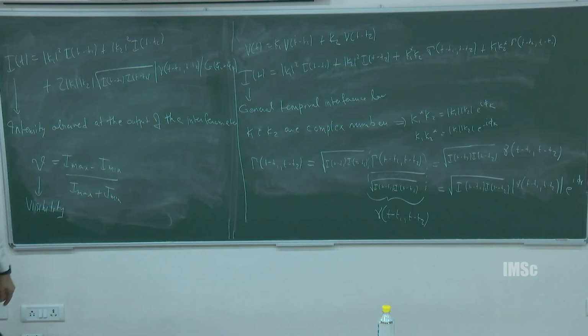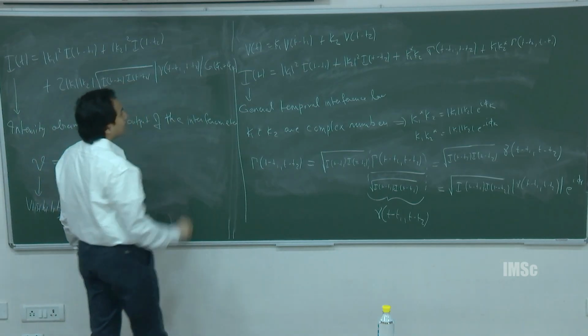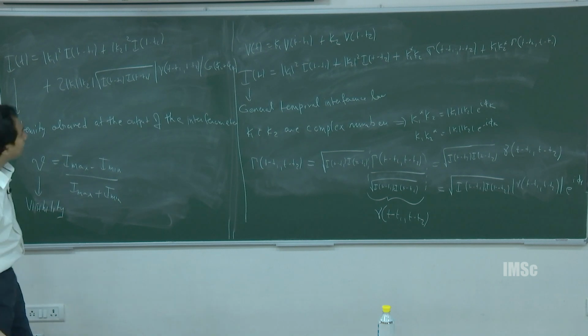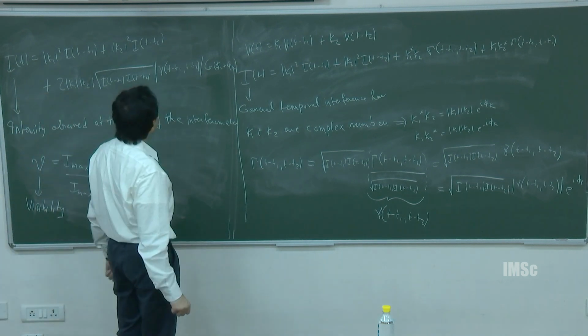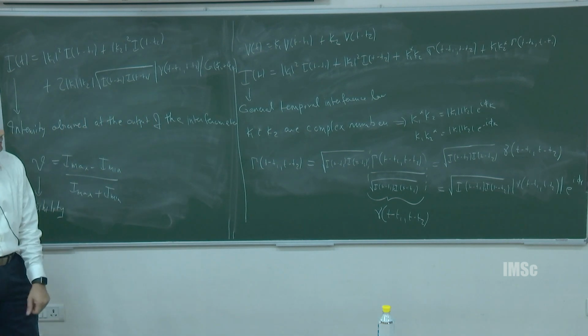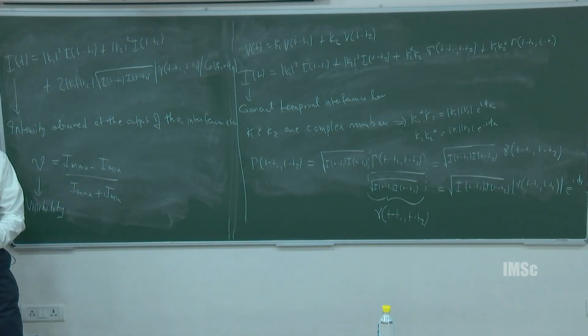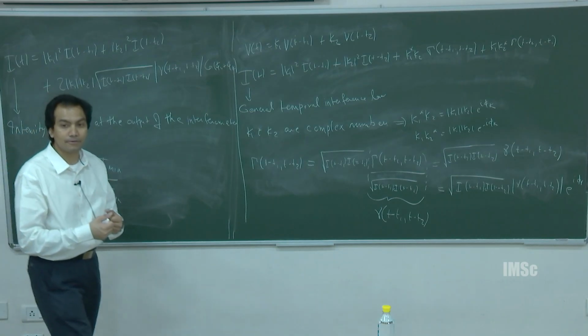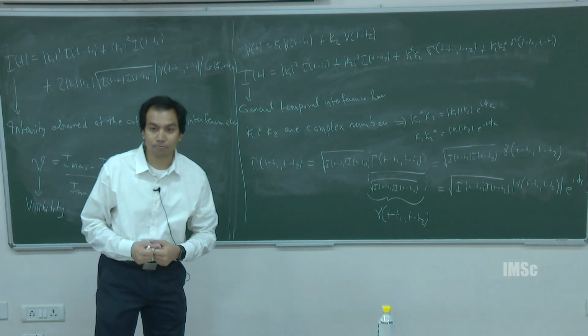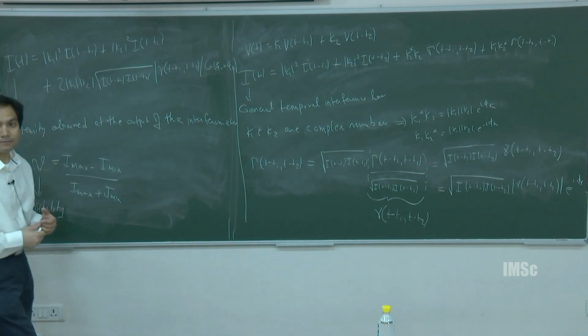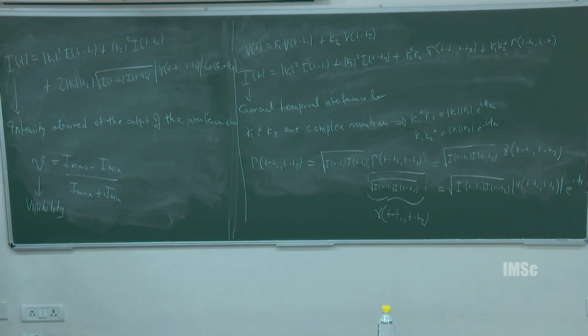Of course, this also tells us that if there is no correlation between the fields at times t1 and t2, then mod of gamma goes to 0, because please recall that mod gamma always varies between 0 and 1. When mod gamma is 1, the fields have perfect coherence, perfect correlation.